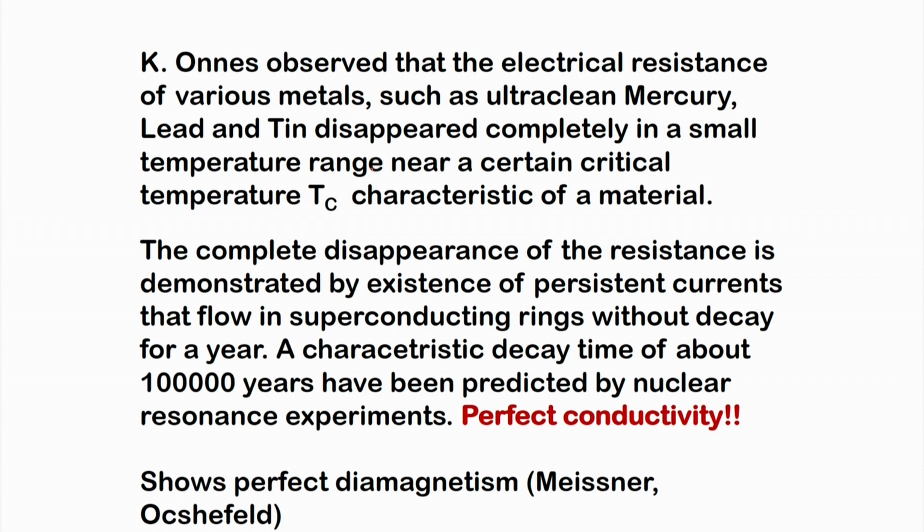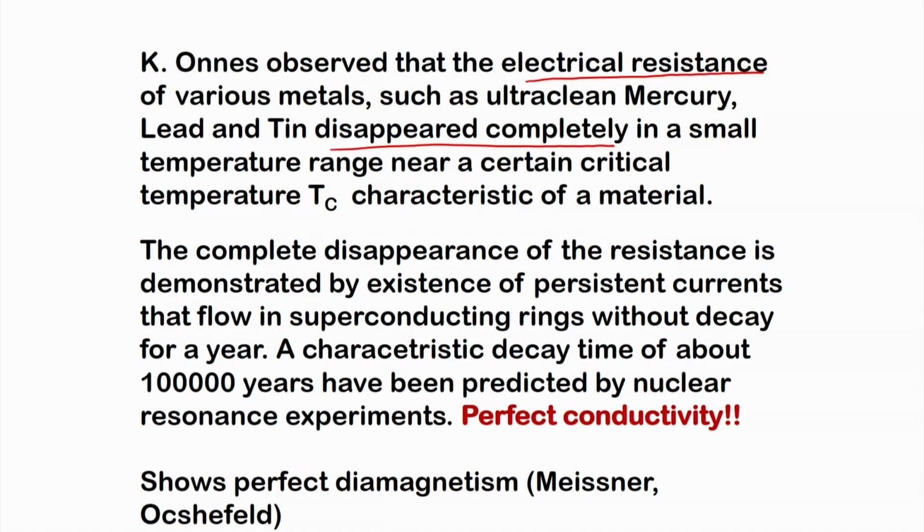So, the electrical resistance disappeared completely in a very small range of temperature. We have some supporting figures for that, you will see, and that particular temperature below which the resistivity vanishes is a characteristic of that particular material.